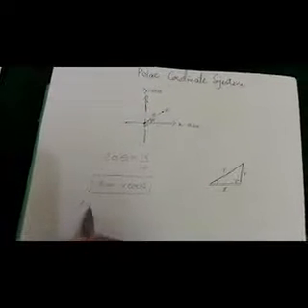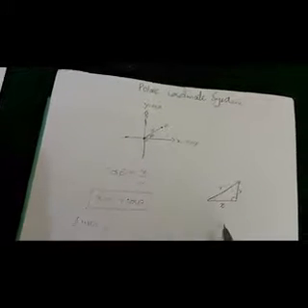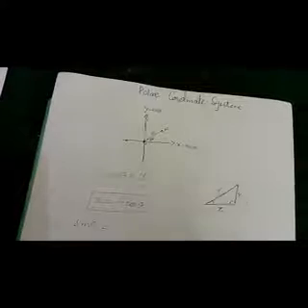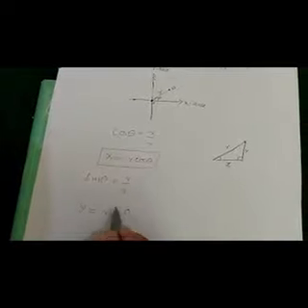What will be the sine of theta? Y upon r, right? Perpendicular upon hypotenuse is sine theta, where y will be equal to r sine theta. This is the x, and this is the y.